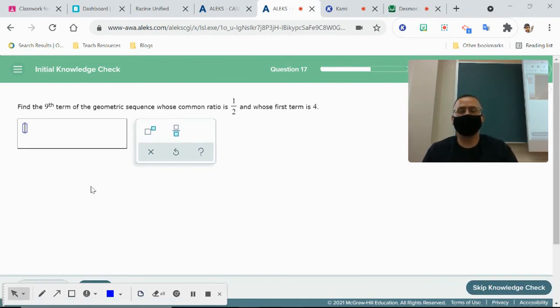Ooh, this is fun. Let's see if I can remember how to do this off the top of my head, but basically a geometric sequence. We did sequences a little bit at the beginning of the year. Geometric sequences go up exponentially, so it's like 4 to the, how does this work? Times 1/2, I think, something like that.